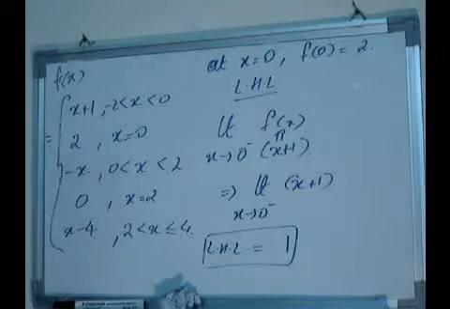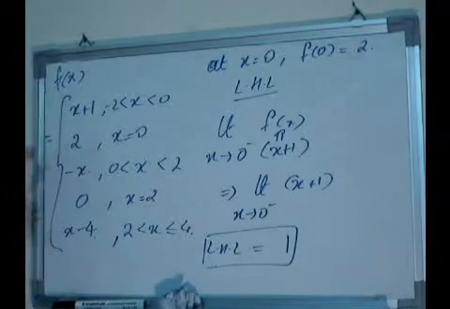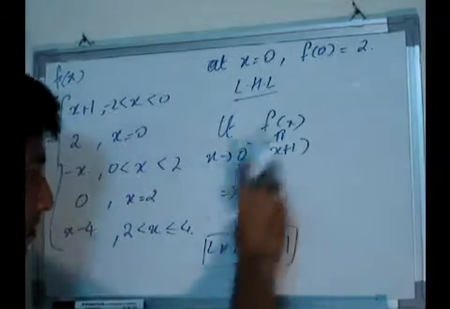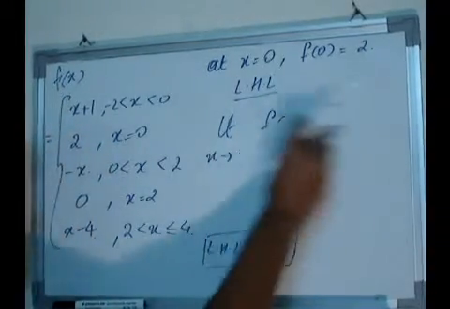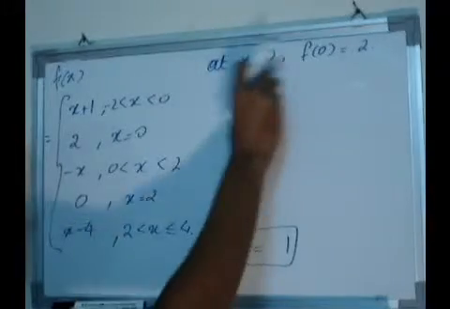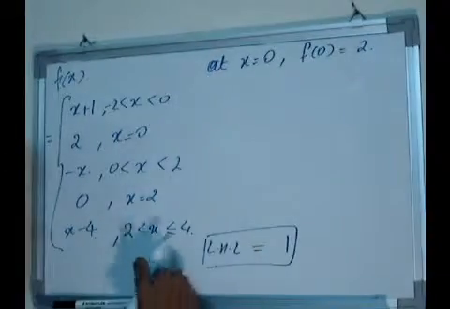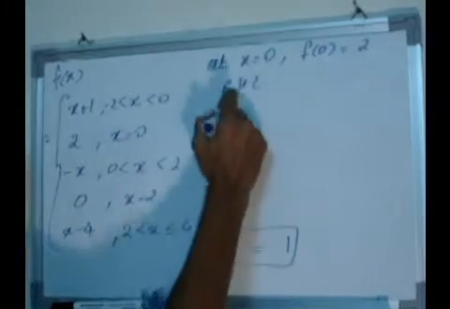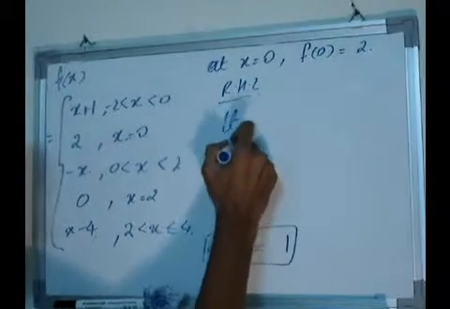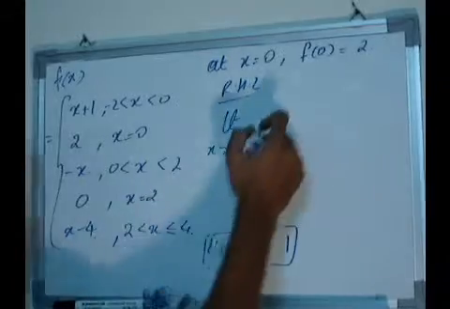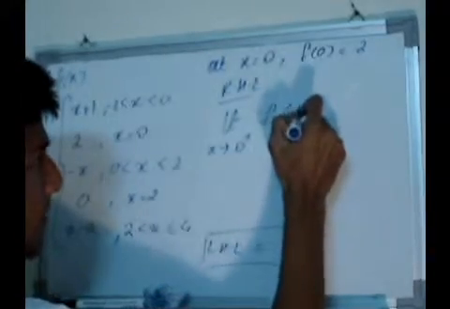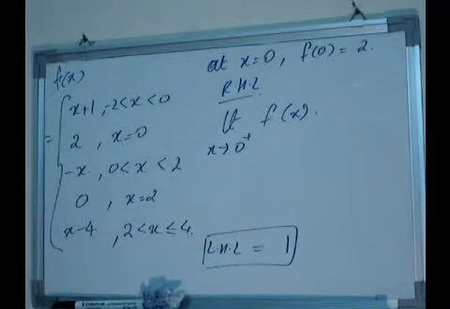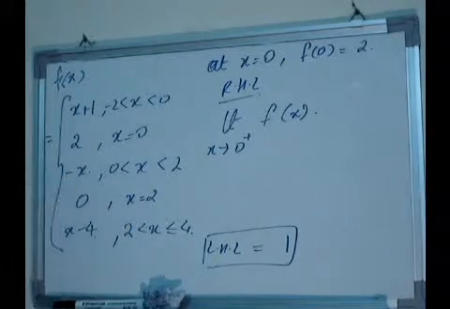Now let's see whether the RHL is equal to 1 or not. For RHL, it is the limit as x tends to 0 from the positive side of f of x. When I approach 0 from the right hand side, the function is minus x.